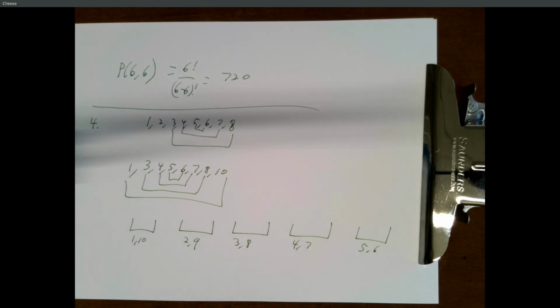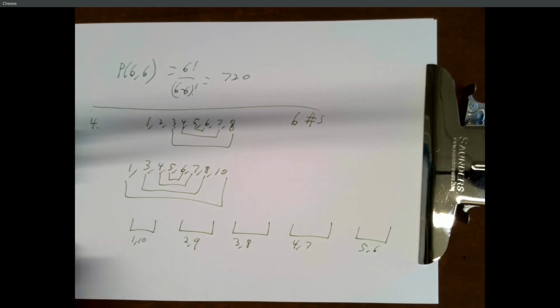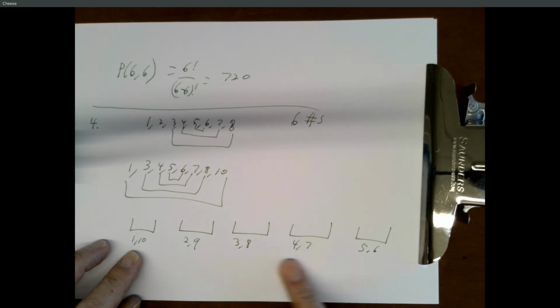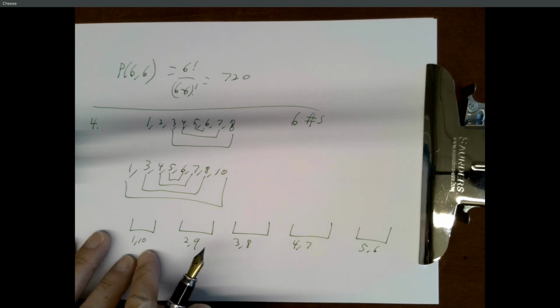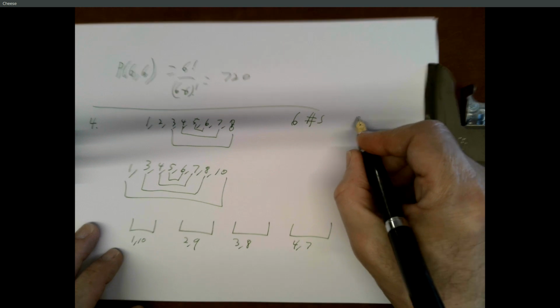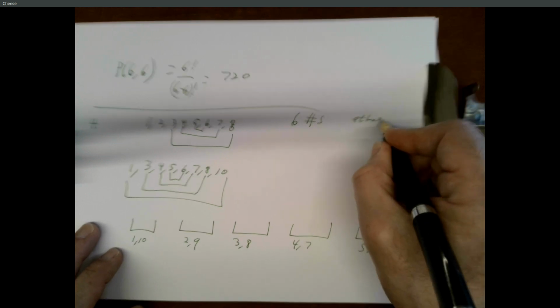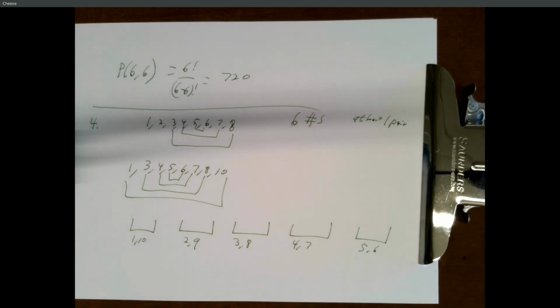So I could pick my first 5 numbers, they might all go into separate buckets, but I know that if I pick 6 numbers, at least 2 of those numbers are going to add up to 11. Possibly more. But at least 2 of them will add to 11 because by the pigeonhole principle, at least one of these bins will have at least 2 things in it. Right? And once I have 2 things in one of these, those 2 numbers add to 11. So 6 numbers, at least 1 pair adds to 11.